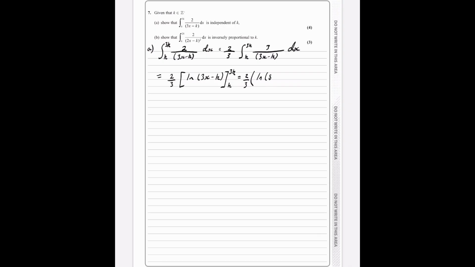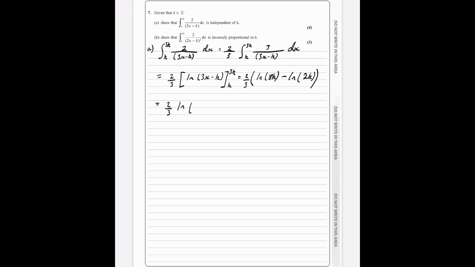Substituting 3k in, 3 lots of 3k is 9k, 9k minus k is 8k, you can see there, and the same with the k, we're going to get 3k minus k, which is just 2k. So 2/3 of all of that.